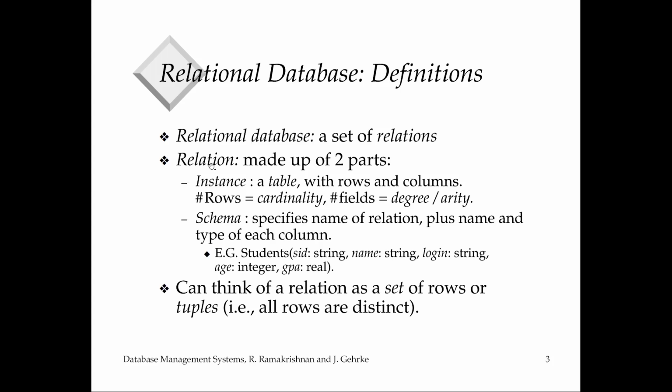That's one aspect of the relation. The second is the schema. We talked about schemas in the previous section. The schema really tells you the name of the relation plus the name and the type of each column.